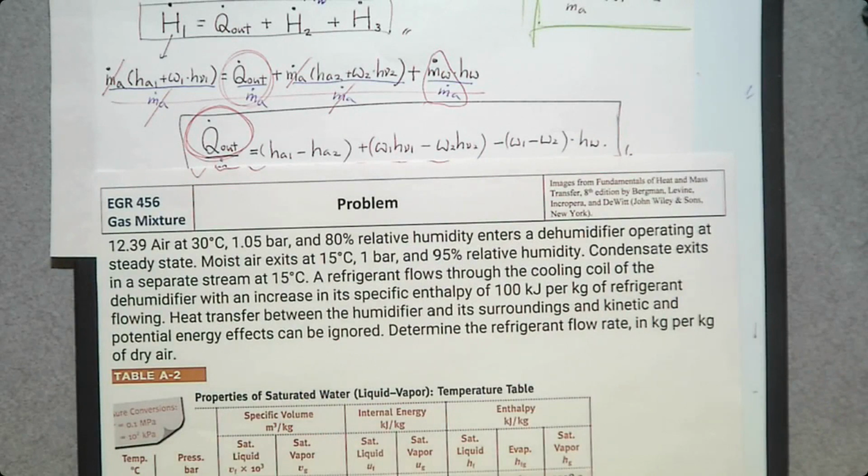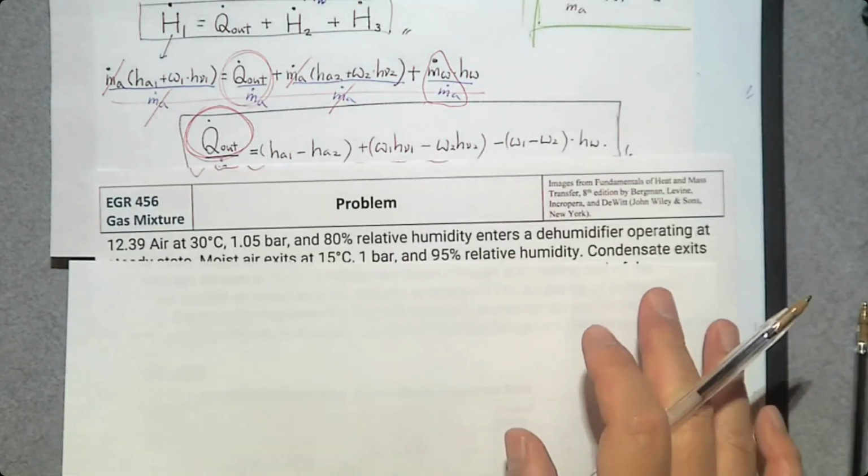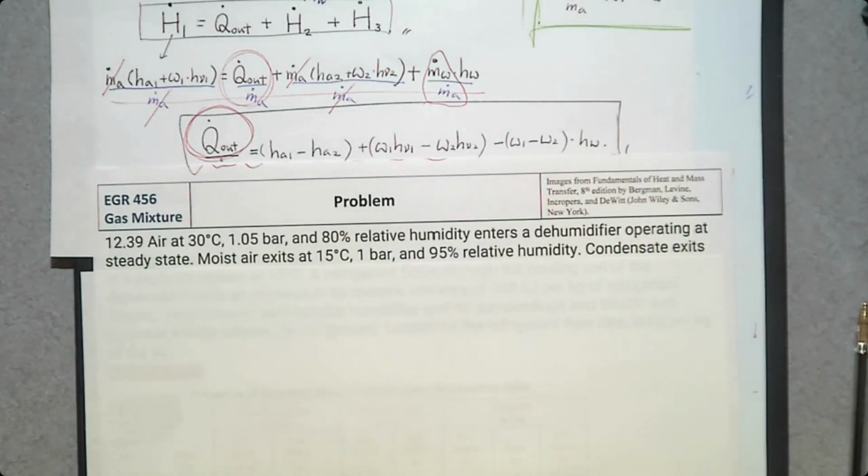How can we determine omega 1 and omega 2? We know the relative humidity.